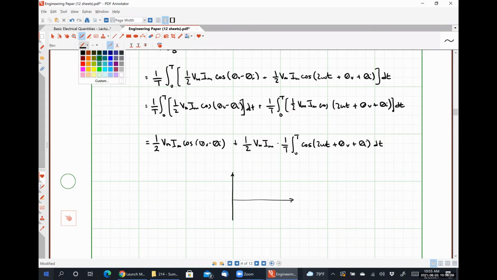So if I have a generic cosine function like so, and I'm integrating over exactly one period, what is the result of that integration?